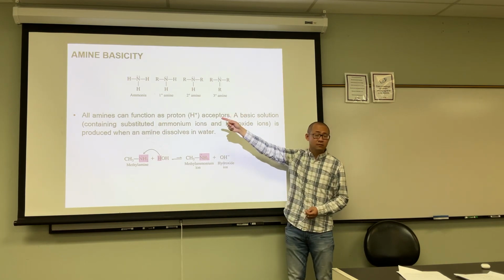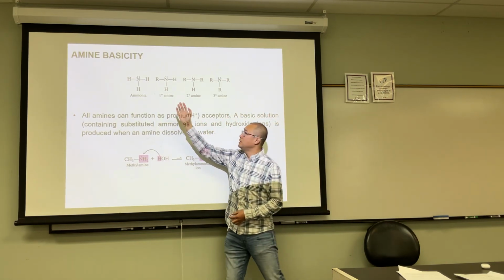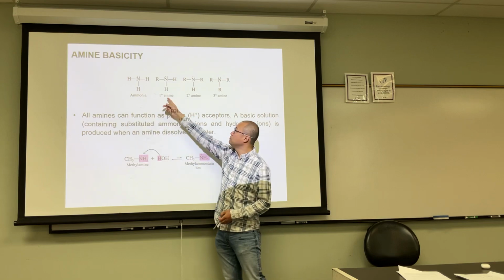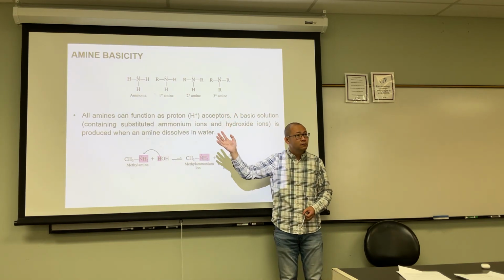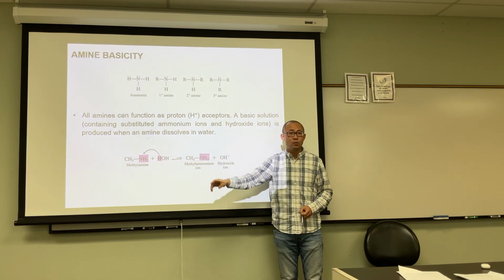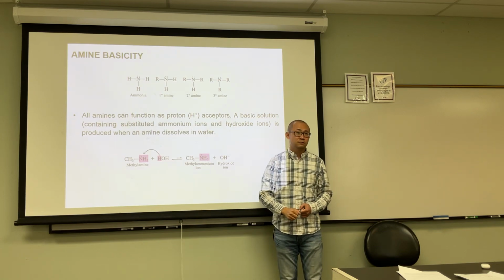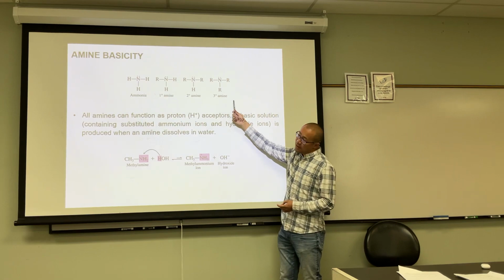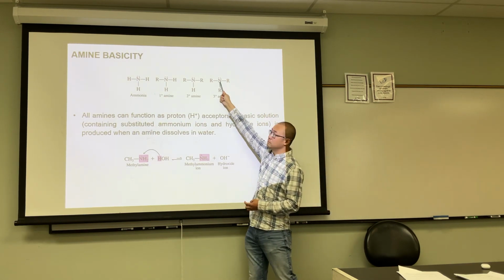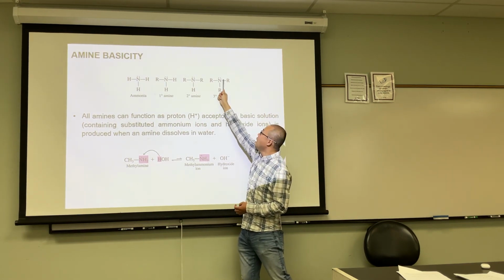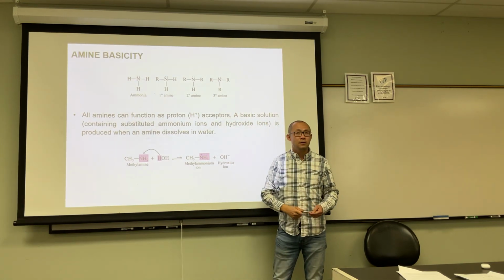And you notice that no matter the inorganic ammonia or these organic amines, the nitrogen contains what? 3 bonds. Is that right? And besides that, you also notice that the nitrogen has a pair of electrons.